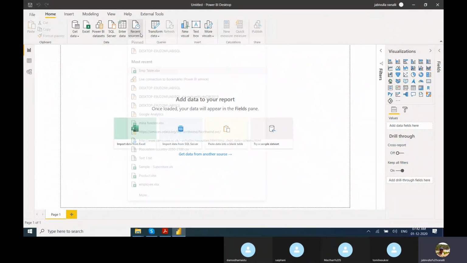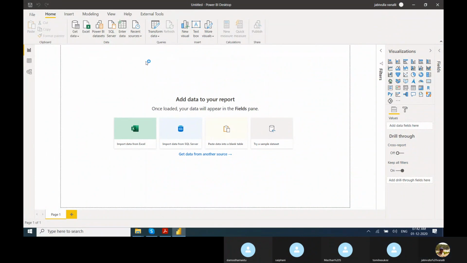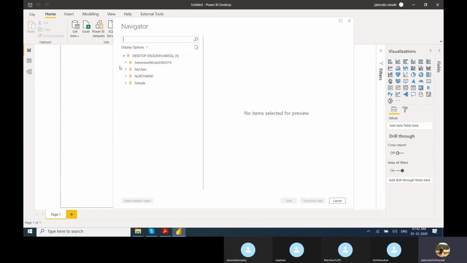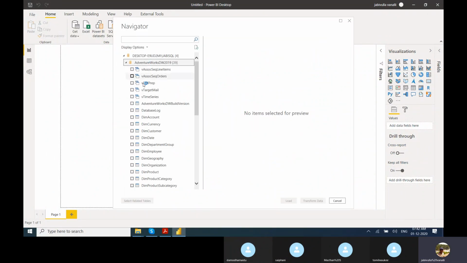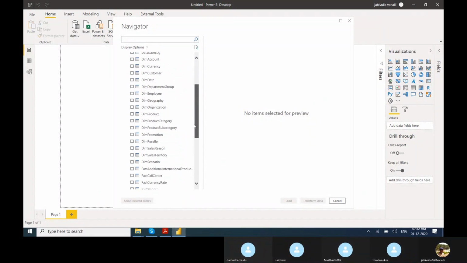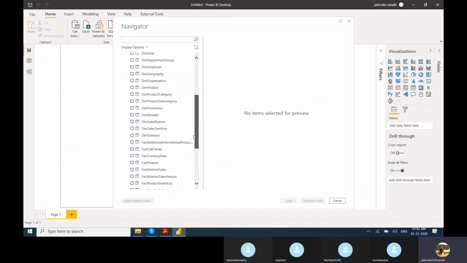Okay, fine. I'm connecting to my SQL server. Adventure Works. Now see. Can anyone guess whether this is snowflake or star schema?